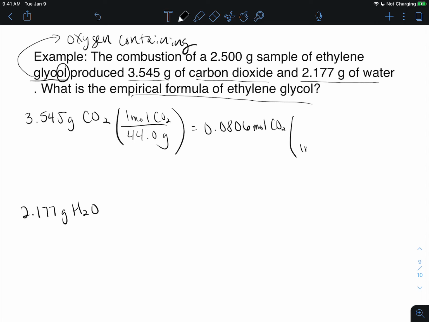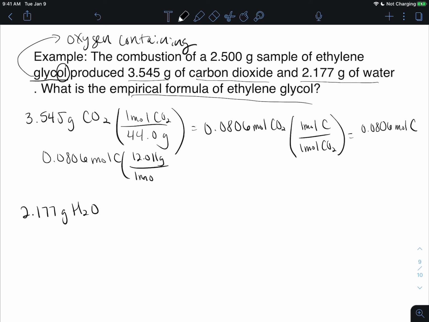And then for every 1 mole of carbon dioxide, we have 1 mole of carbon, giving us 0.0806 moles of carbon. And then we want to convert that into grams of carbon using the molar mass of carbon, 12.011 grams per 1 mole of carbon. Multiplying that out, we get 0.968 grams of carbon.